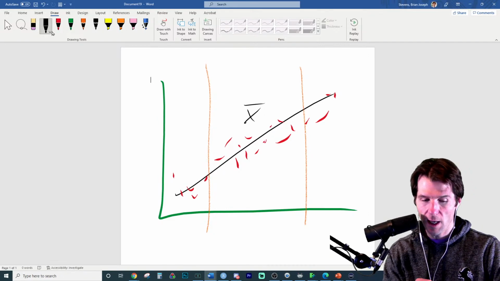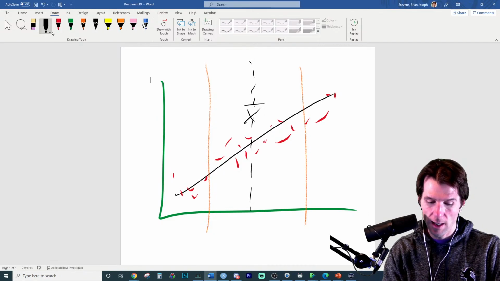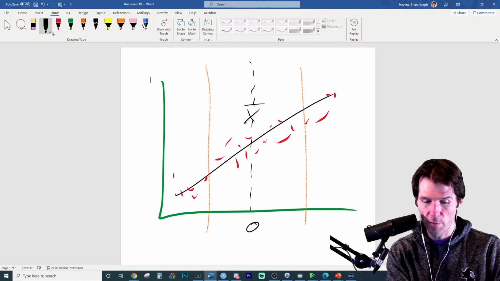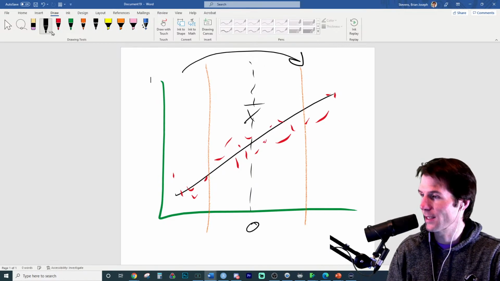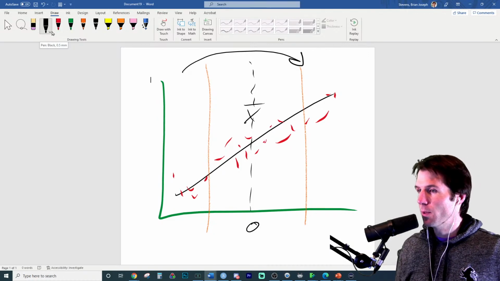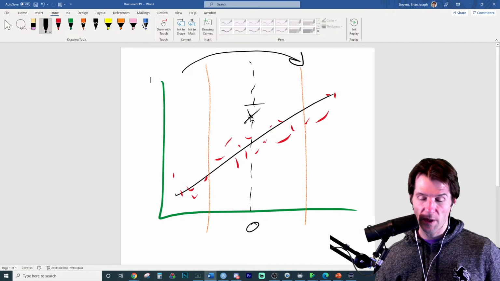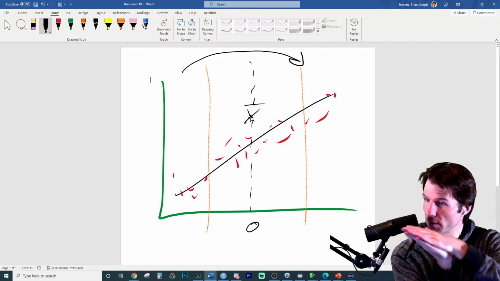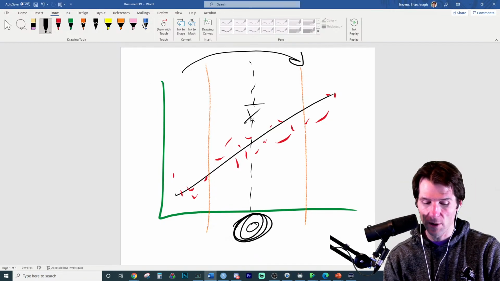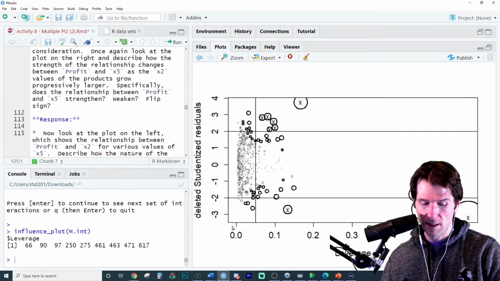When you make this plot, anything close to here would have a leverage of 0, and it folds this over. That's what you're seeing, the folding over of this. Like fold this right here and fold it on top of itself.